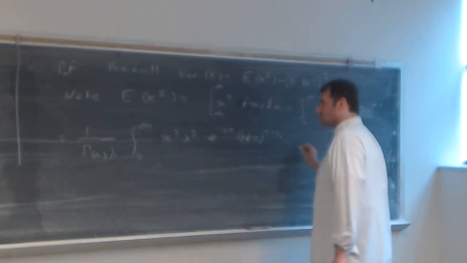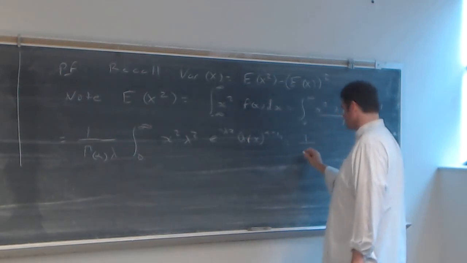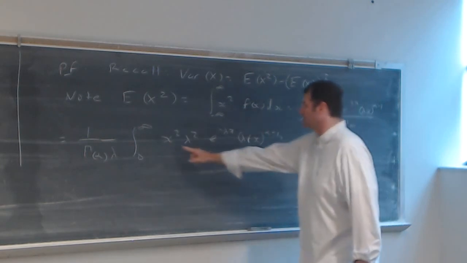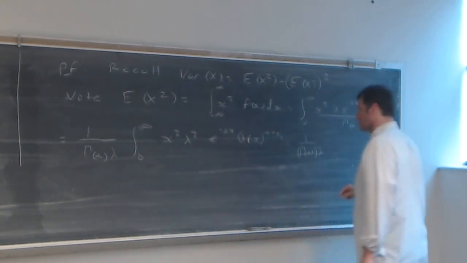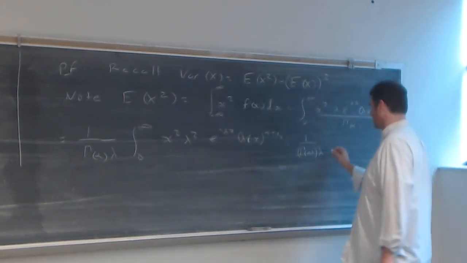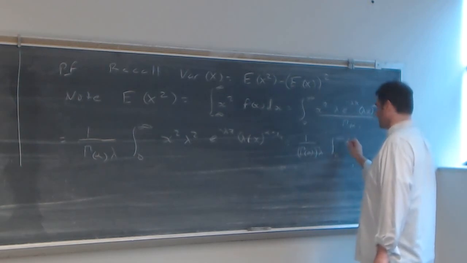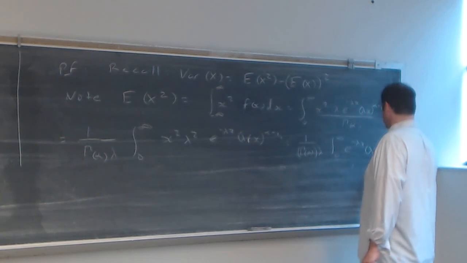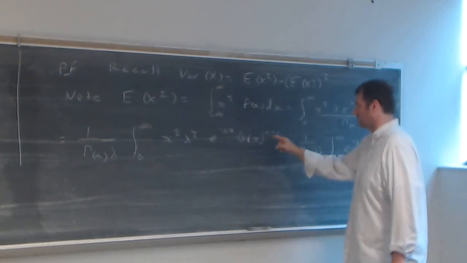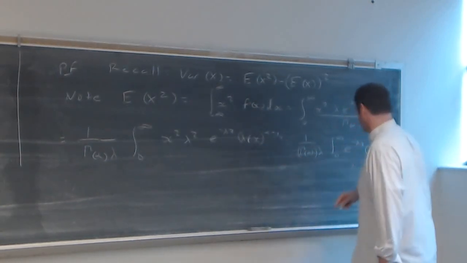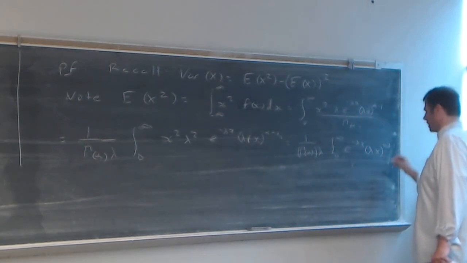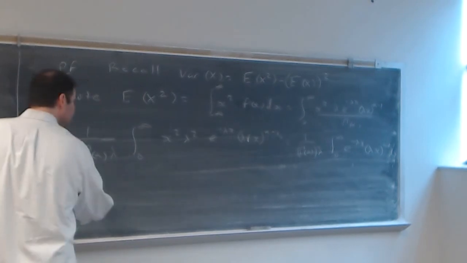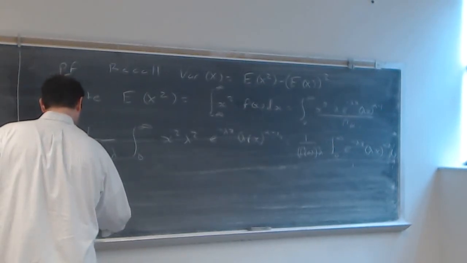And so this is equal to 1 over gamma of alpha times lambda. Here we take this x squared and this lambda squared, and we put it in here, and we get the integral from 0 to infinity, e to the minus lambda x to the, well, I'd be adding 2 of the lambda x's, so it'd be alpha plus 1 here, dx. This is 1 over lambda times gamma of alpha.